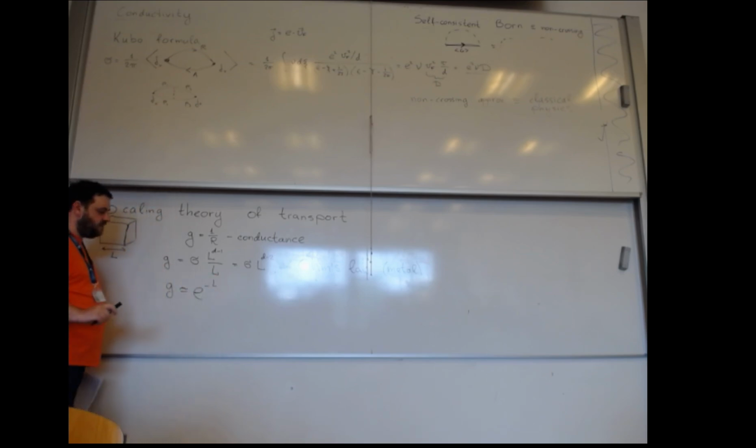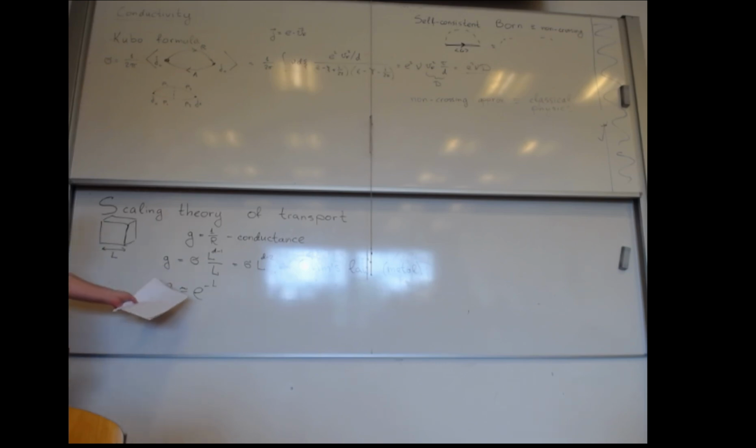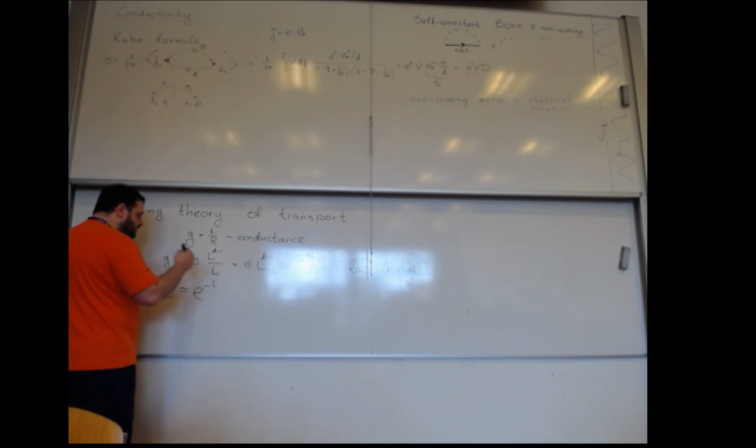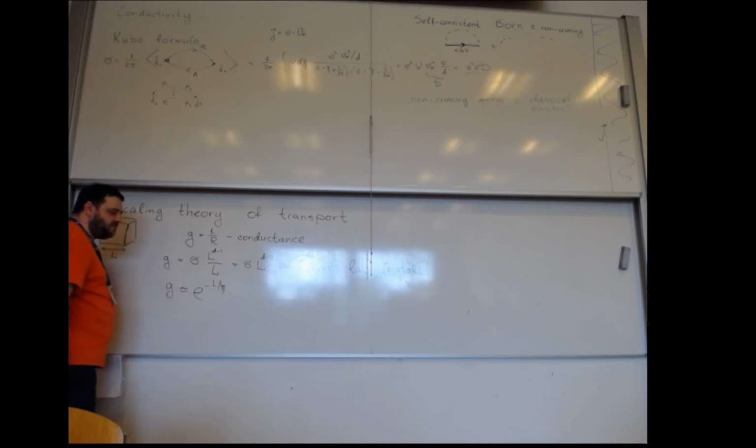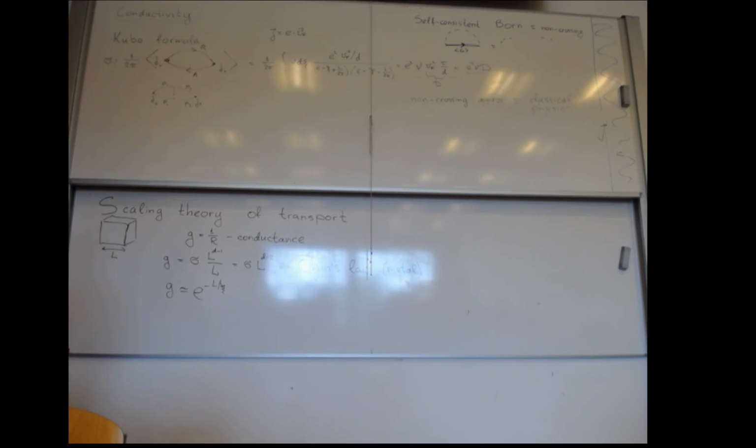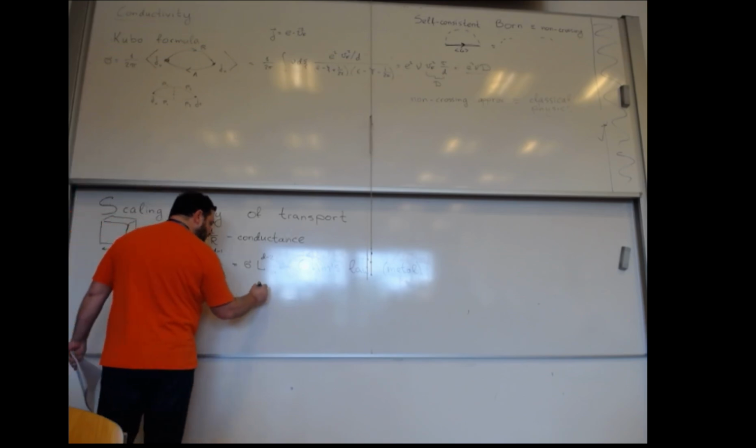It's exponent of minus the size of the sample over psi, just because it's a finite object, so some current can just jump from here to here. Tunnel through. If you have vacuum, you still can apply voltage, you can have some tunneling and some exponentially small current flow, and the typical length scale psi is called localization length, but it doesn't matter for now. So this law is for an insulator.